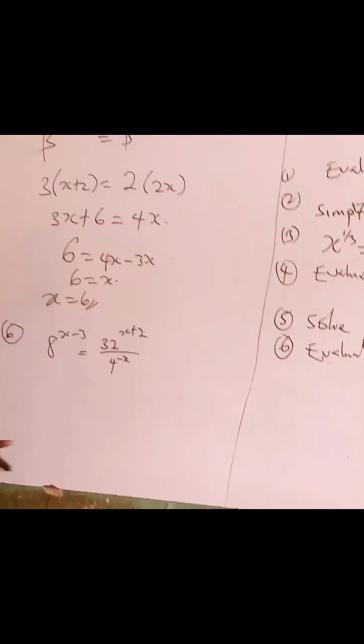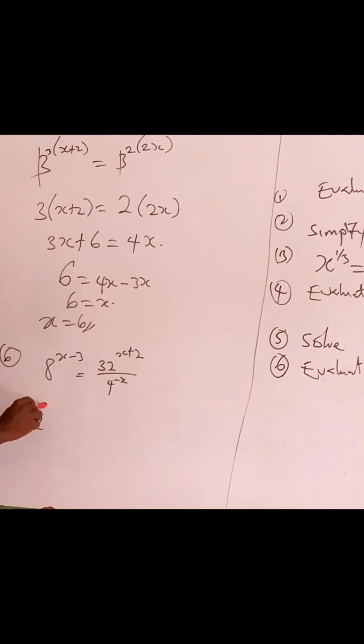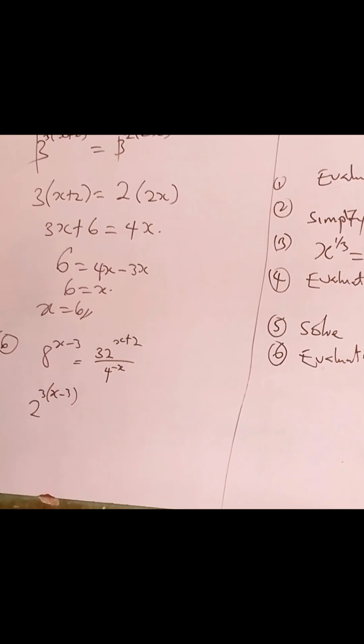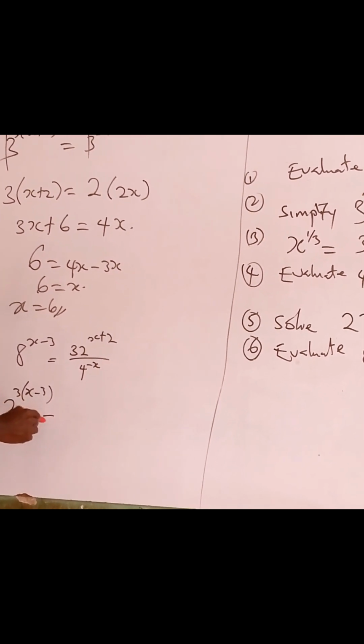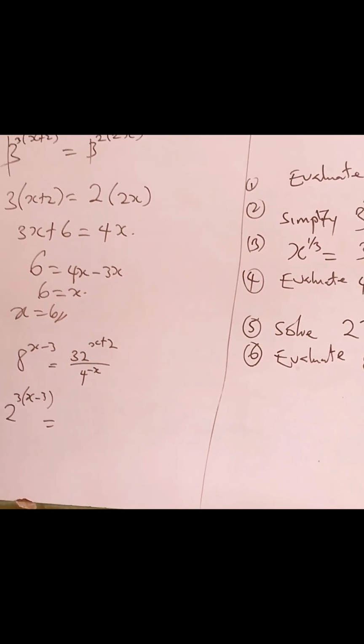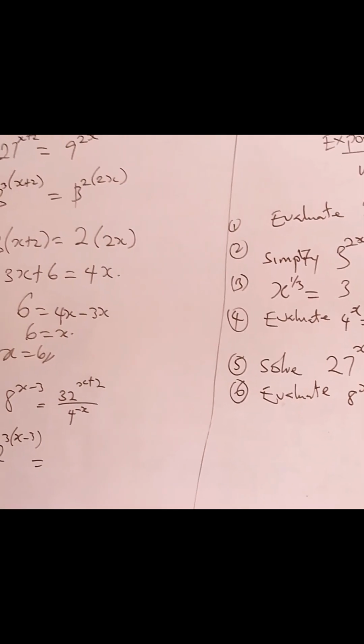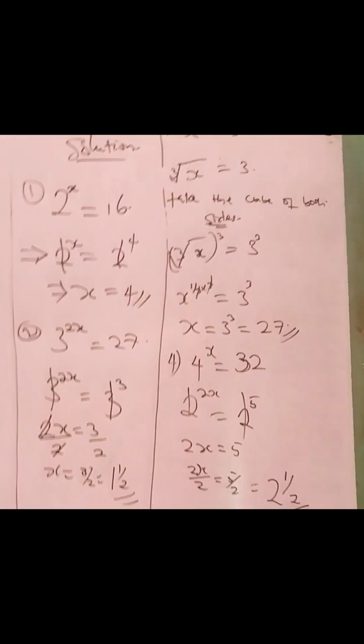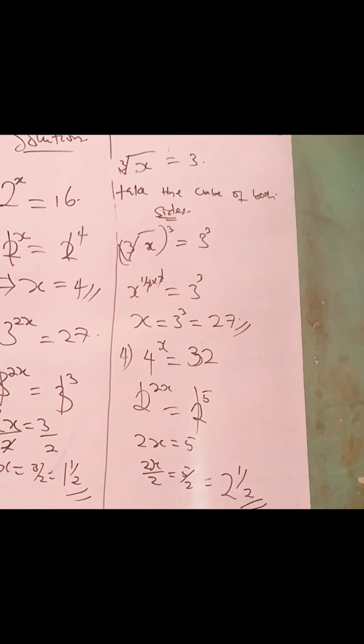So 8 to base 2 will give you 2 raised to the power 3 into x minus 3, equal to 32 to base 2. I think it's 2 raised to the power 5.